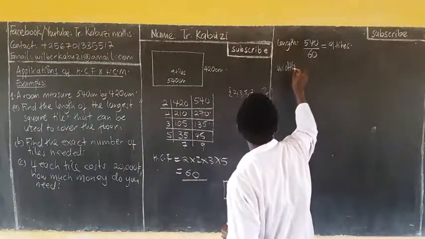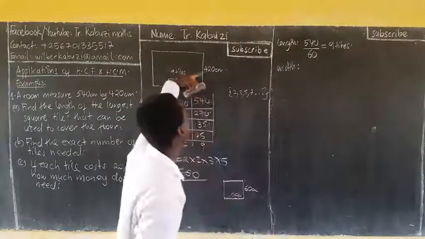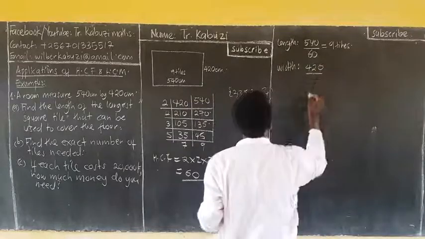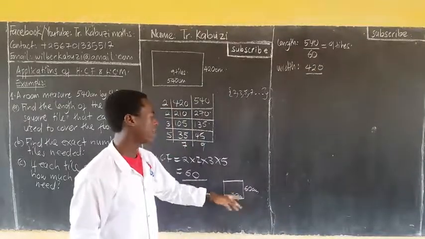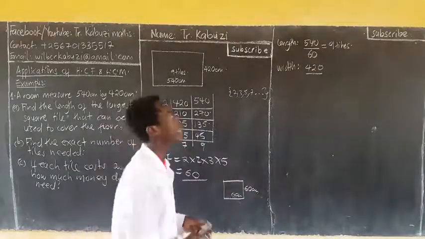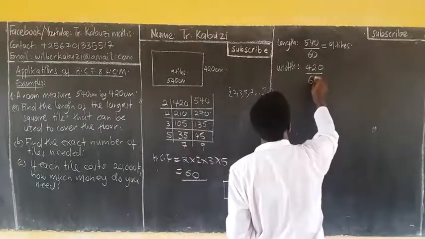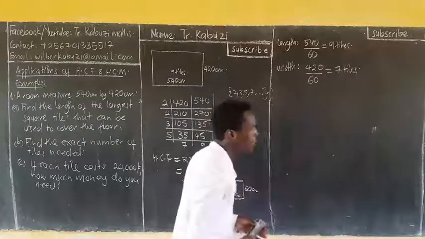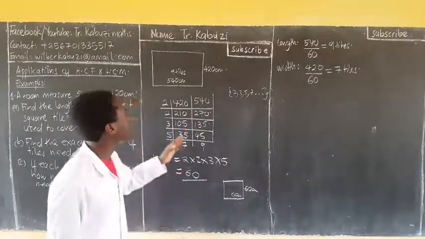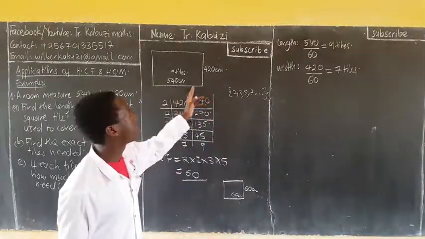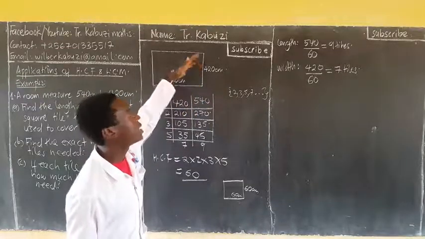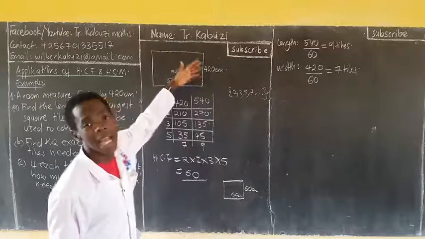In the width, I'll get the width of the room, which is 420, divided by the width of the tile. But the width of the tile is also 60. And this is going to give me 7 tiles. Meaning, I'll tell my mom that in the length we shall need 9 tiles, then in the width we shall need 7 tiles. Now, I want to know the actual number.